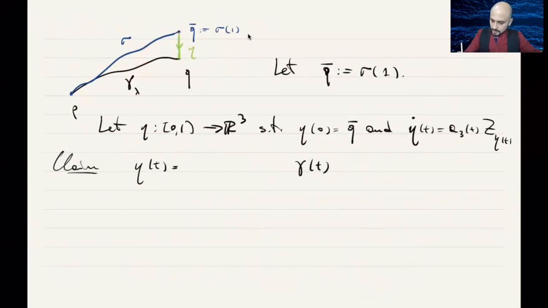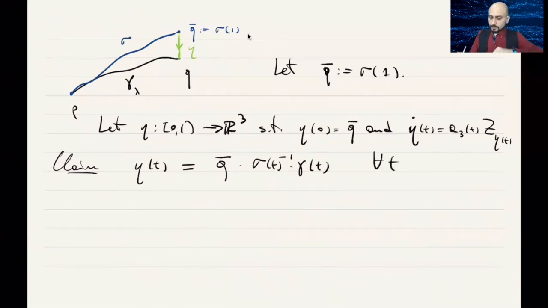So it's sigma(t) to the minus 1 times gamma(t), times q bar. These are products in the group law. I claim that we have this equality for all t.